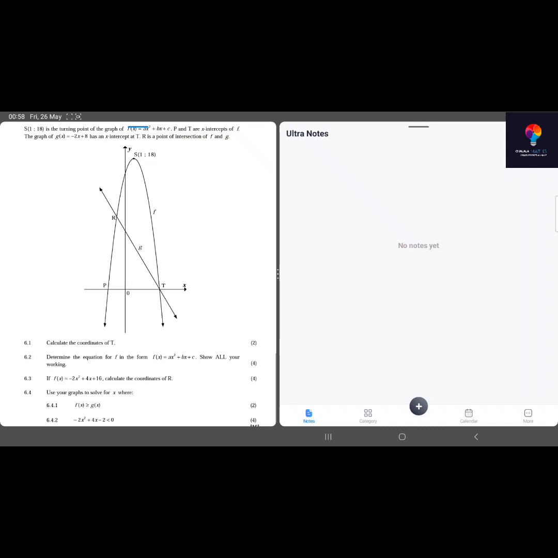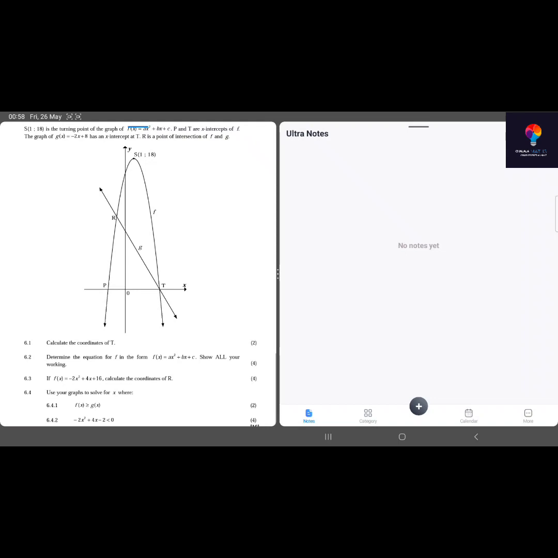P and T are x-intercepts of f. The graph of g of x is equal to minus 2x plus 8. It has an x-intercept at T. R is a point of intersection of f and g.